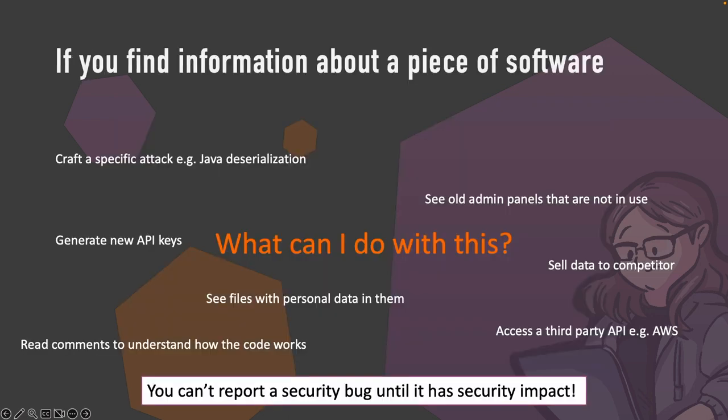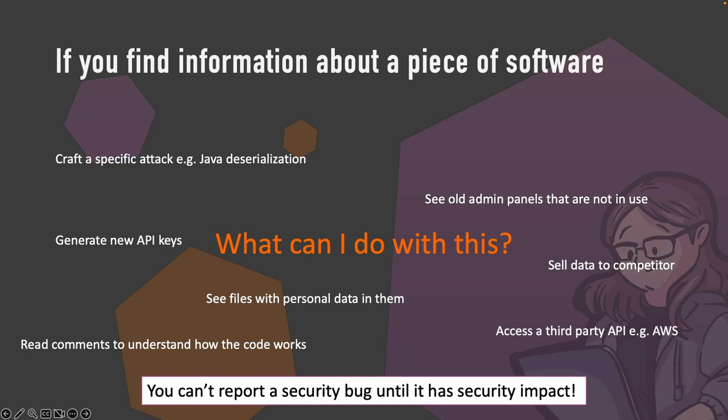So what happens if you find information about a piece of software? What can you do with it? Well, first off, you can craft a specific attack. Java deserialization, log4j. You can also look at what people have recently been disclosed and see if there's a specific vulnerability that affects it.